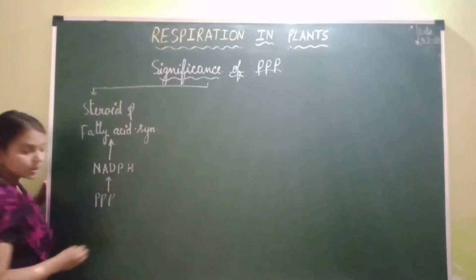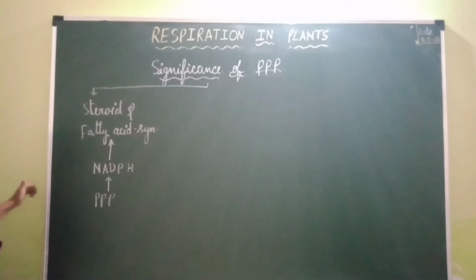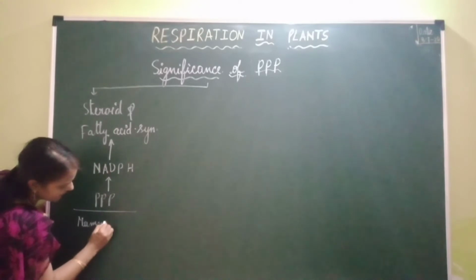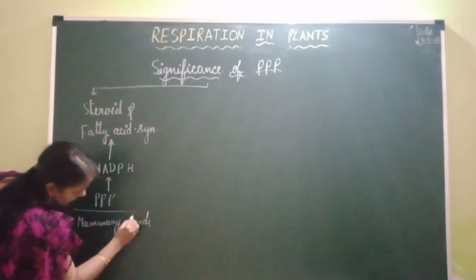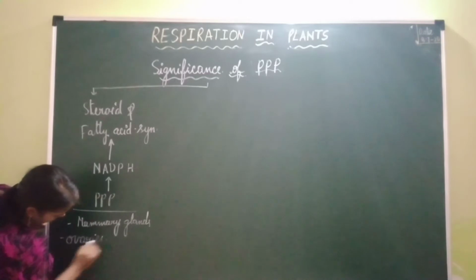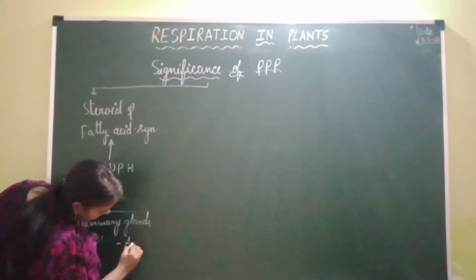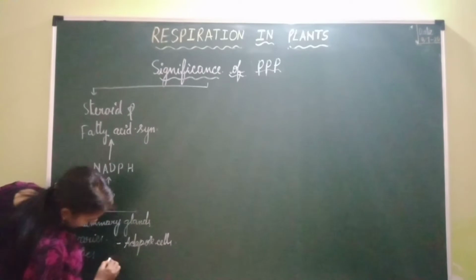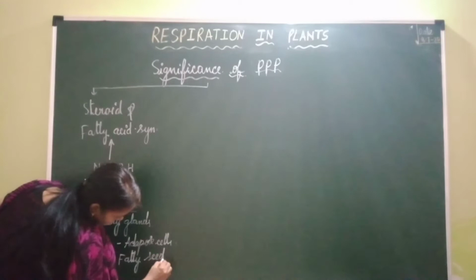So let's see some examples of cells in which this PPP pathway occurs, or in which steroid synthesis and fatty acid synthesis occurs. Examples are mammary cells, that is cells of mammary glands, ovaries, testis, and even adipose cells, fatty seeds and liver.